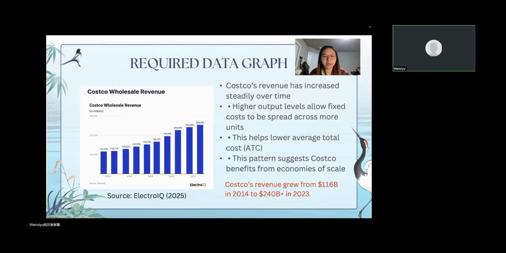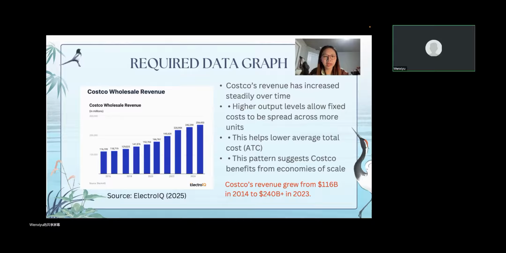When output and sales increase, companies can spread fixed costs across more units, which helps reduce average total cost, or ATC. So this data supports the idea that Costco benefits from economies of scale.